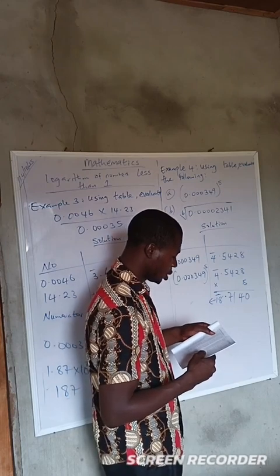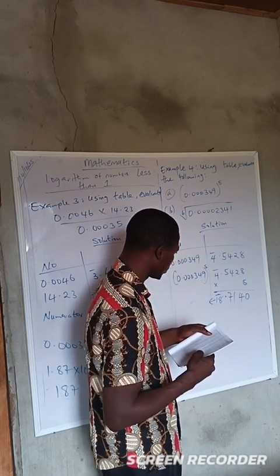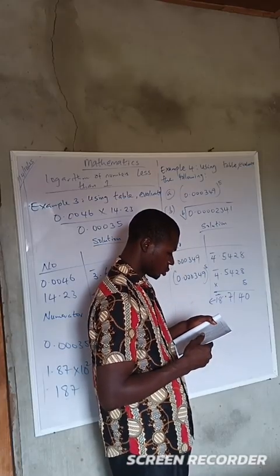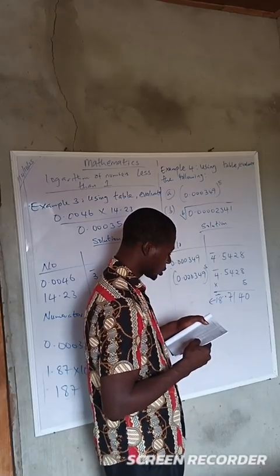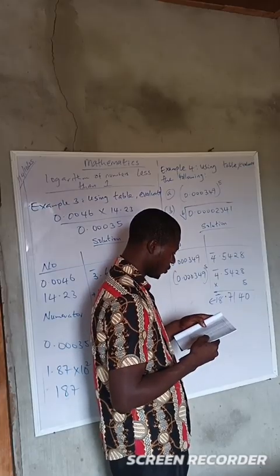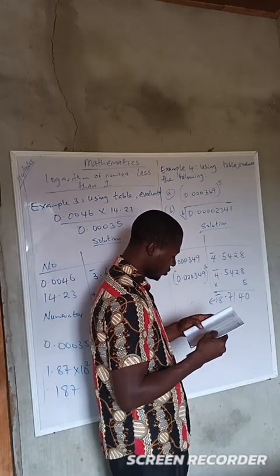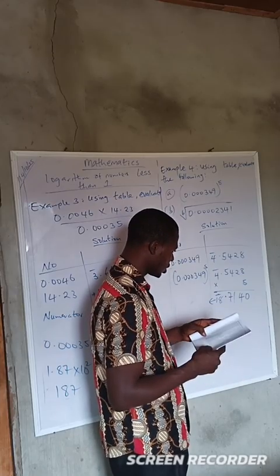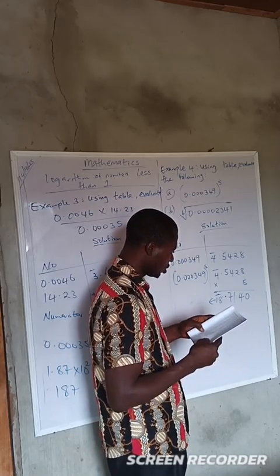Checking the antilog, you have 0.71 under 4 because there's no difference 0.